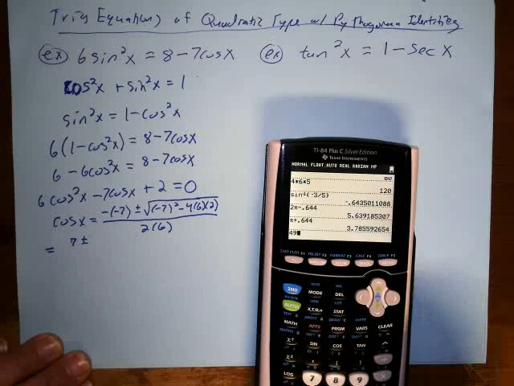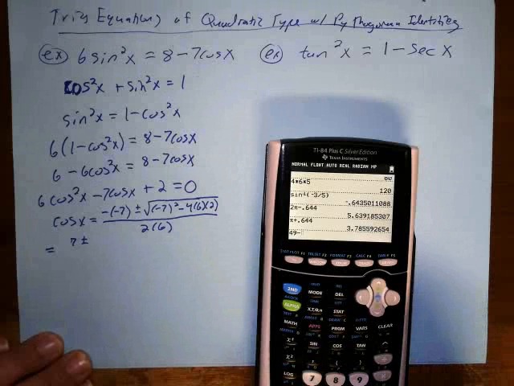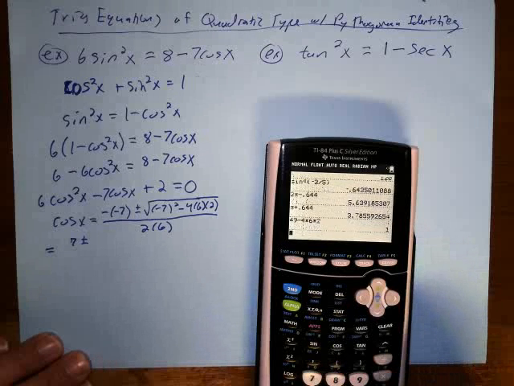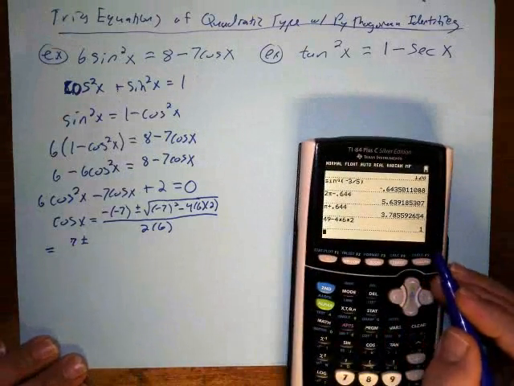So that would be 49 minus, what is this, 4 times 6 times 2. And that ends up becoming 1.